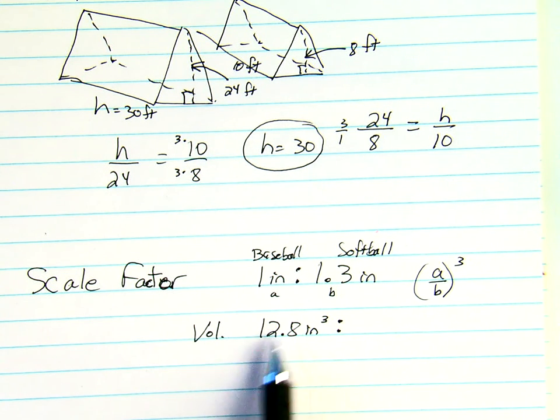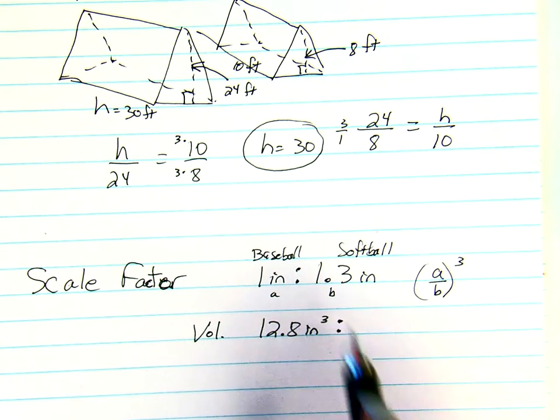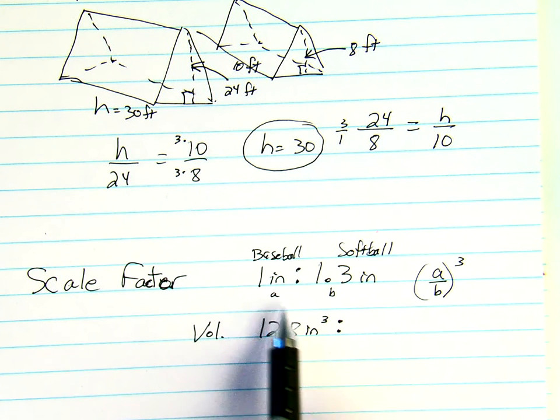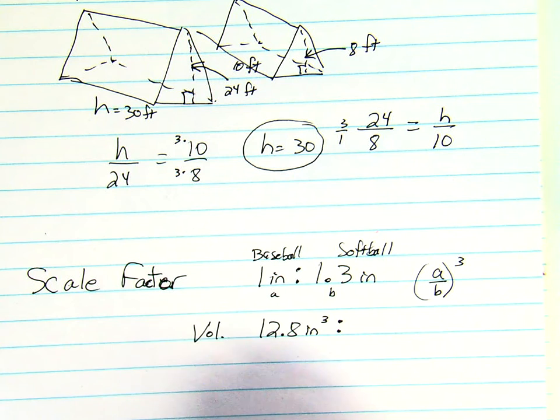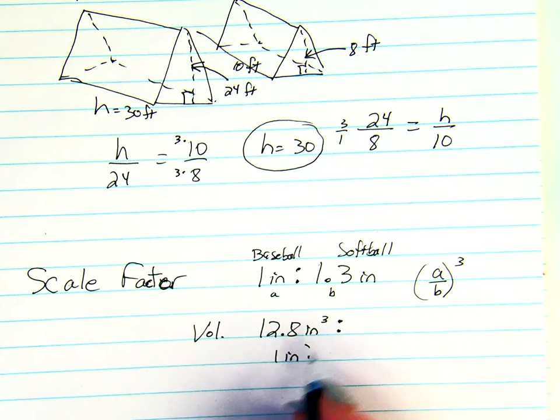That's all we're doing here, is working with this ratio and cubing it. So if I look at cubing this, then my volume comes to 1 inch, because 1 cubed is 1, because 1 times 1 times 1 is 1.